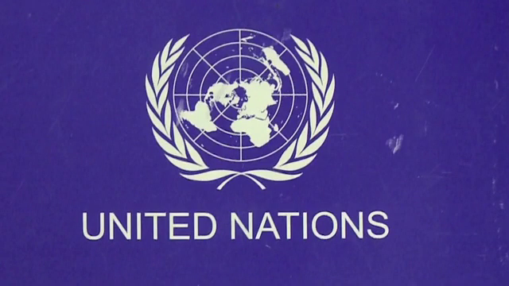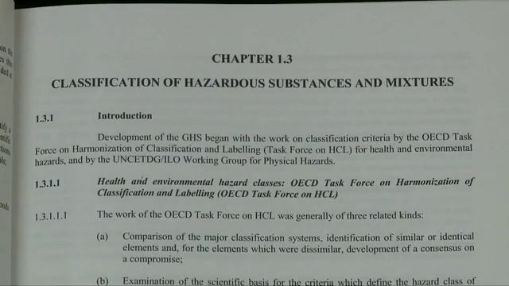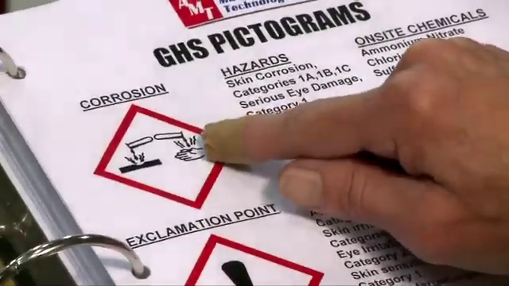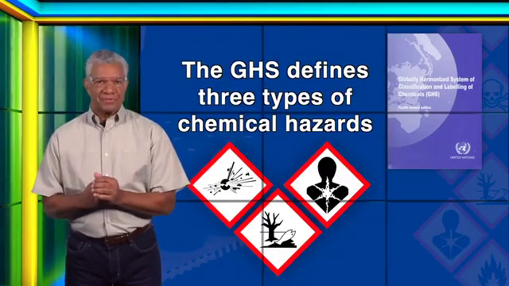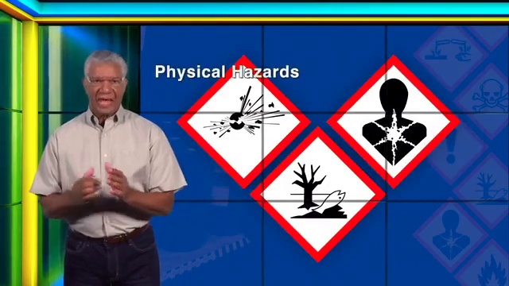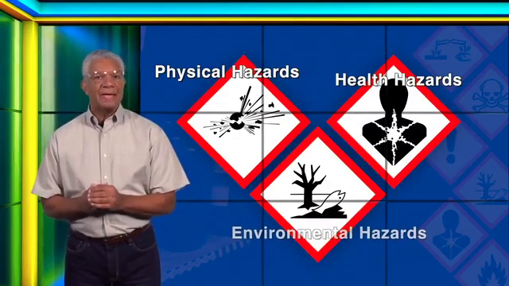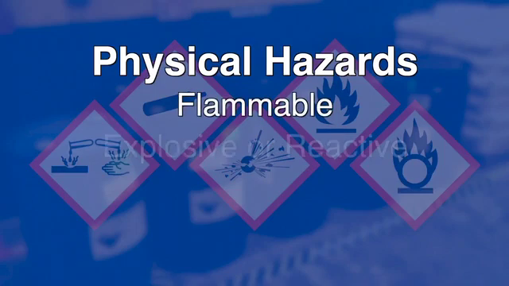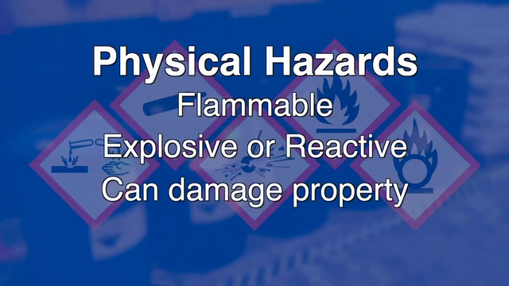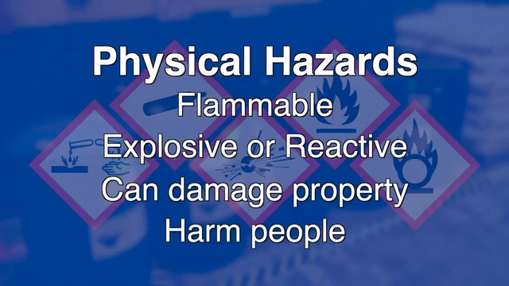Developed by the United Nations, the GHS divides chemicals into hazards, classes, and categories, with hazards being the most general grouping. The GHS defines 3 types of chemical hazards: physical hazards, health hazards, and environmental hazards. Chemicals that present a physical hazard are those that are flammable, explosive or reactive, and can damage property or harm people.